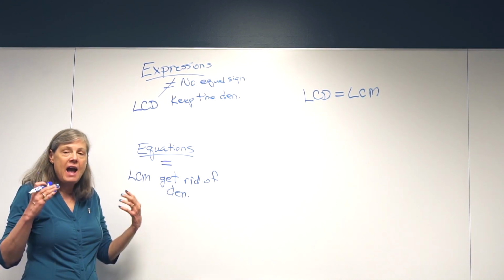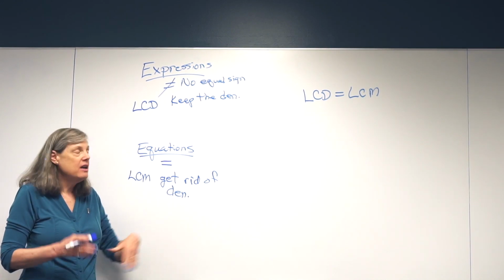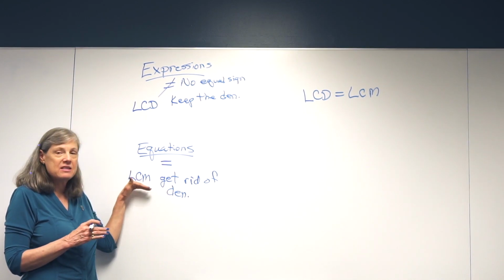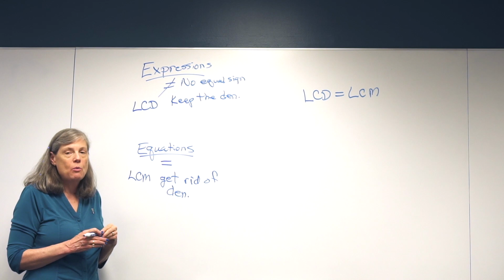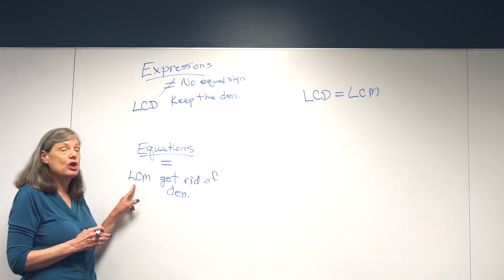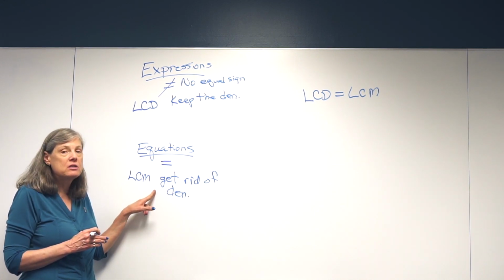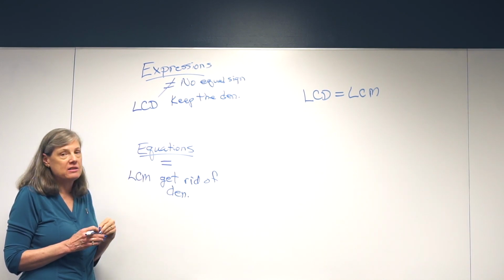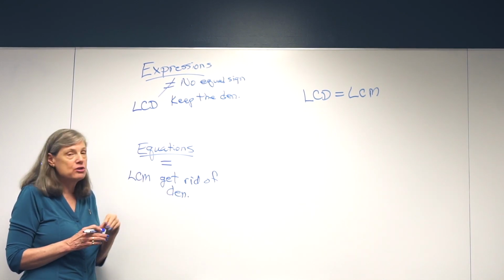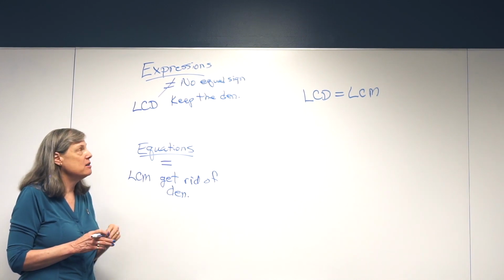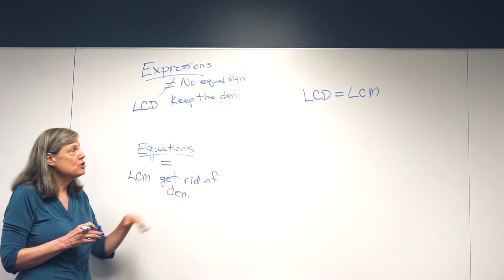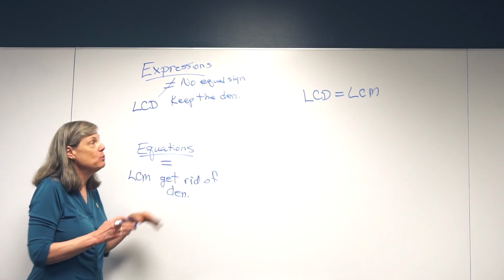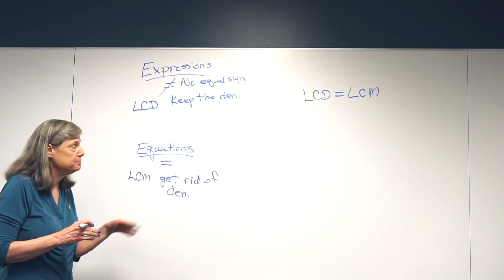And so I thought I have to come up with something that will give us some clue as to what we're doing with it. So this is lowest common multiple because we're going to multiply it with all of our terms to get rid of our denominators. So just remember, it's the exact same thing, we're just using it differently. But it will help you remember when to do what.